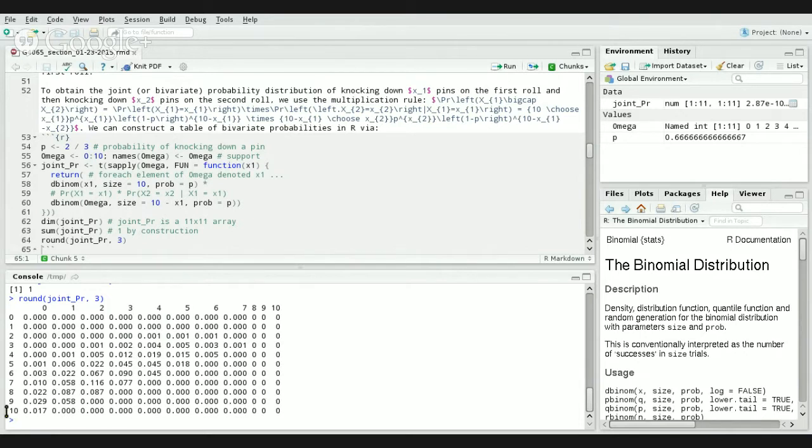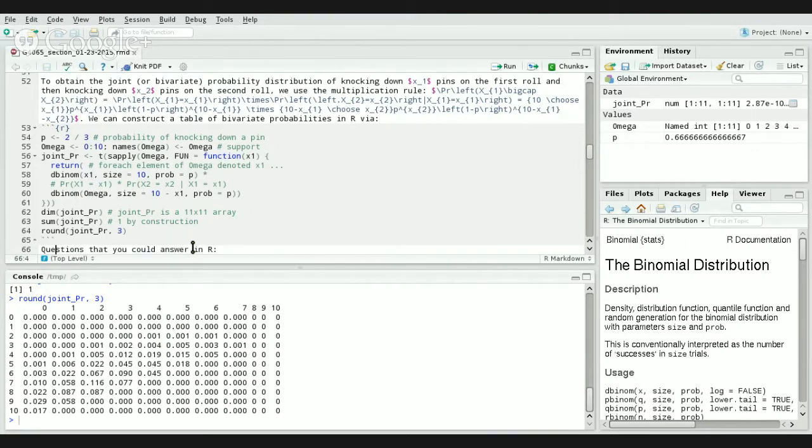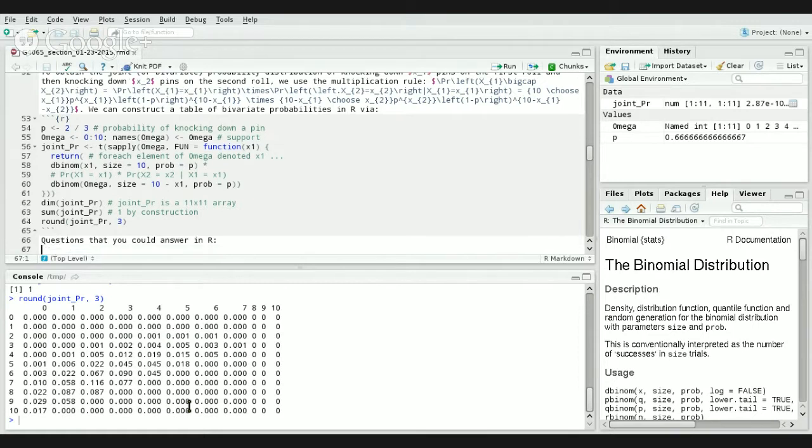For example, it's impossible to knock down 9 pins on the first try and 7 pins on the second try because that would be a total of 16 pins and there's only 10 available. However, some of these that appear to be 0 are actually positive, but rounded to 3 decimal places, they look like 0.